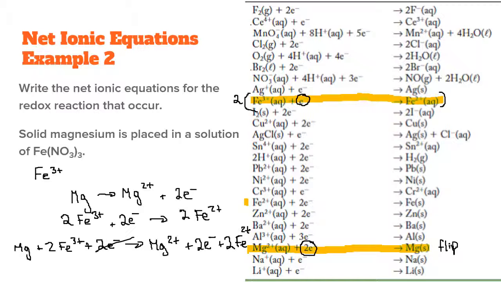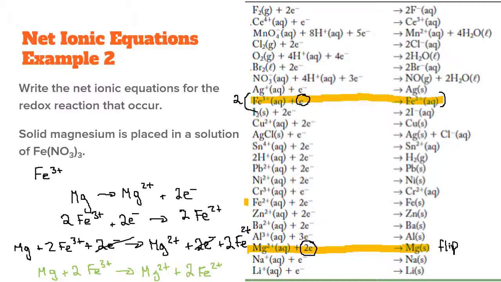And now the electrons cancel out as they should, and we're left with the overall net ionic equation of magnesium plus 2 iron 3+, yielding magnesium 2+ and 2 iron 2+.